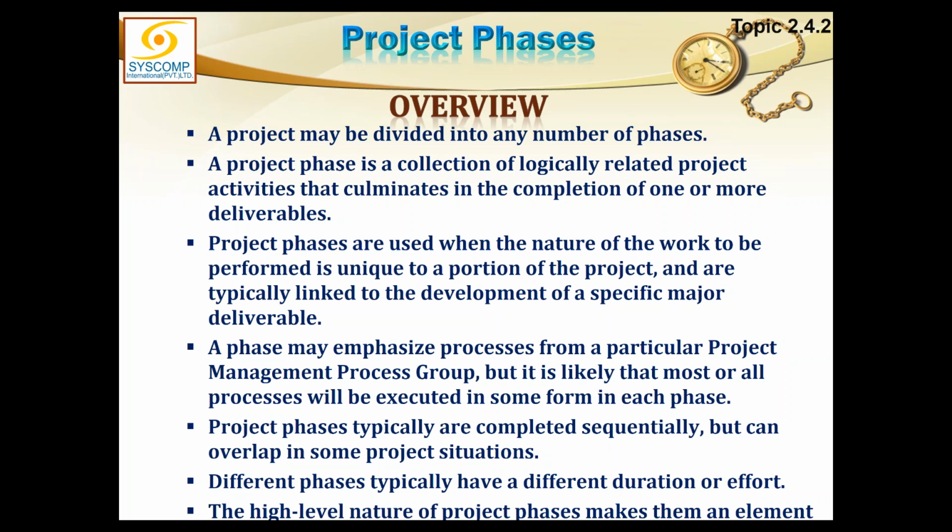So different phases typically have a different duration or effort. This is what we said. We said in Agile, the things are different. In Agile, all the phases, which we call iterations, are of equal size, equal duration. Here, in traditional project management, no, they are not of equal size or equal duration.